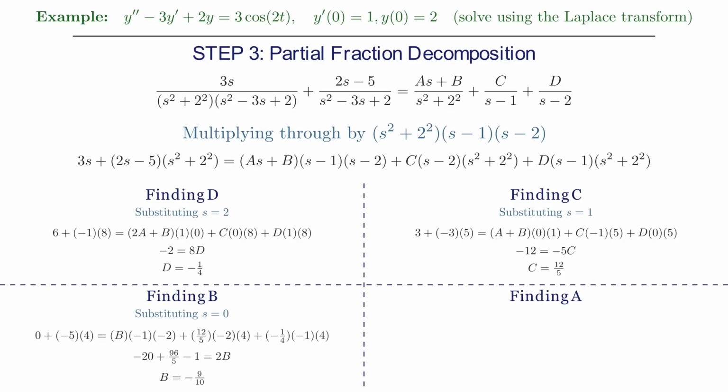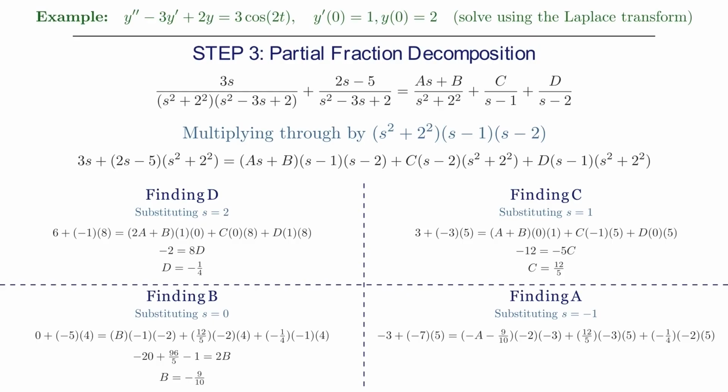Now we know the values for b, d and c. We can choose any value that we want for s. So to keep the numbers small, I'm just going to choose s is equal to minus 1. So substituting that in, we get minus 3 plus minus 7 times 5 is equal to (minus a minus 9 over 5) times minus 2 times minus 3 plus 12 over 5 times minus 3 times 5 plus minus a quarter times minus 2 times 5.